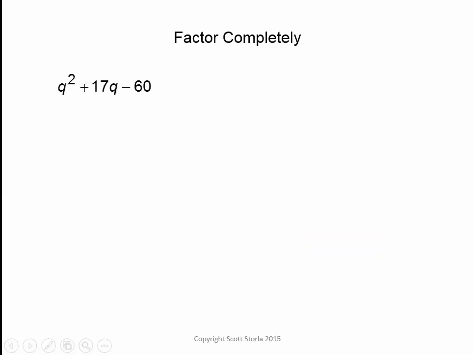Here's our next one. In this case, A times C will be negative 60, and B will be positive 17.